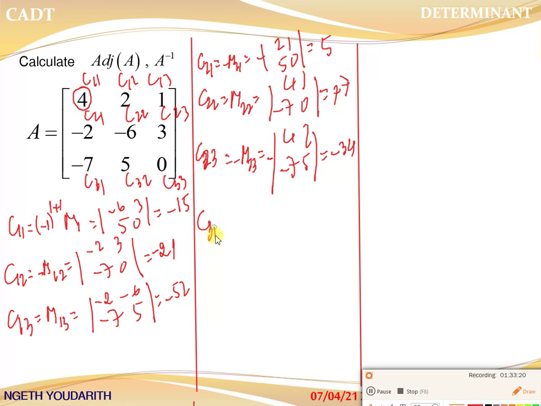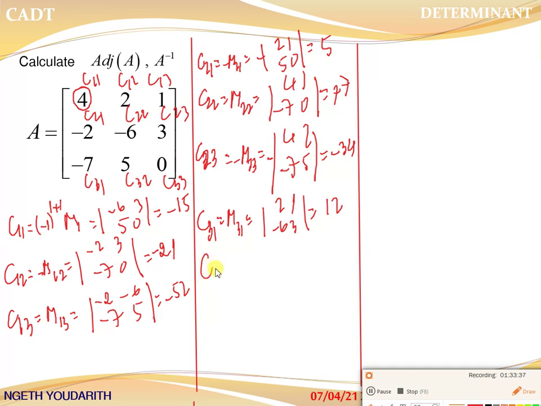And C31 equal to M31. M31, this one, this one, this one. 2, 1 minus 6, 3. So 6 is 12.